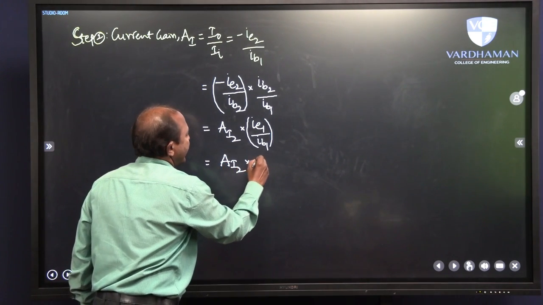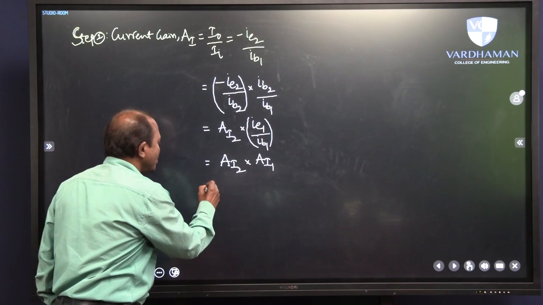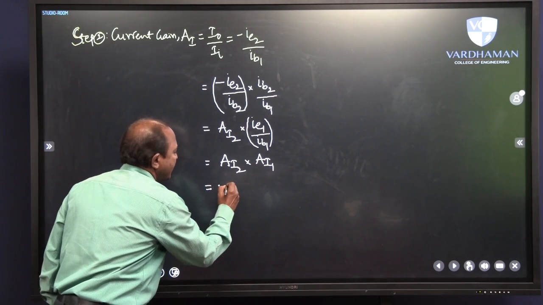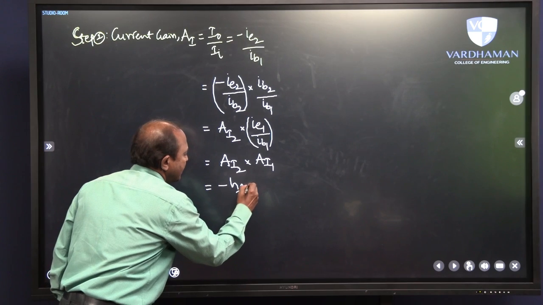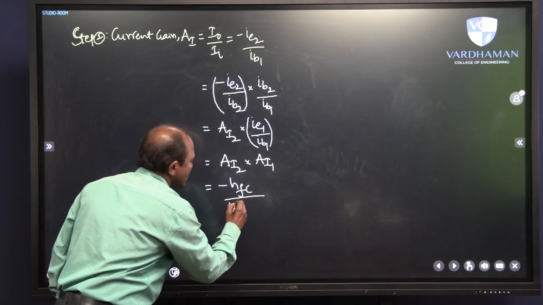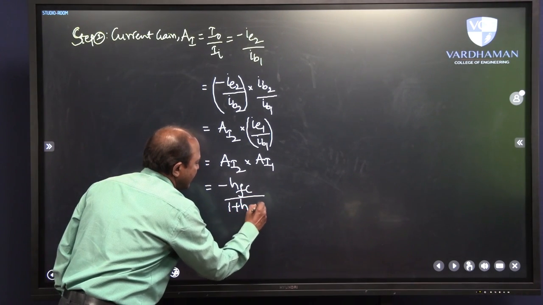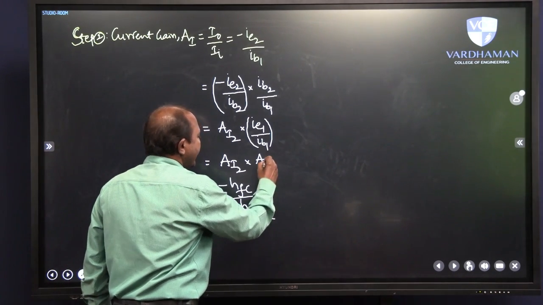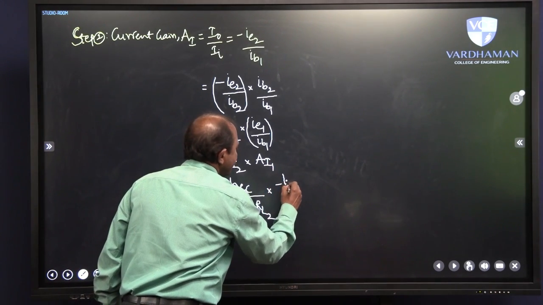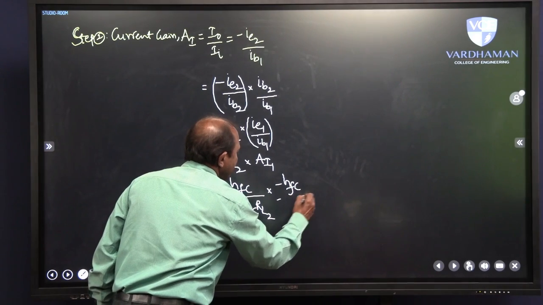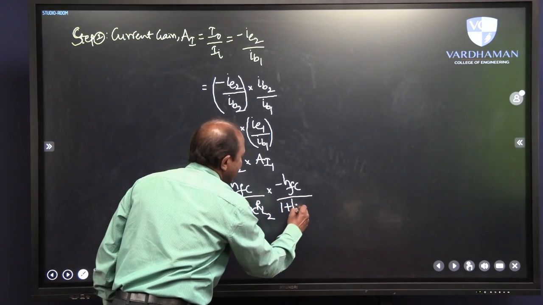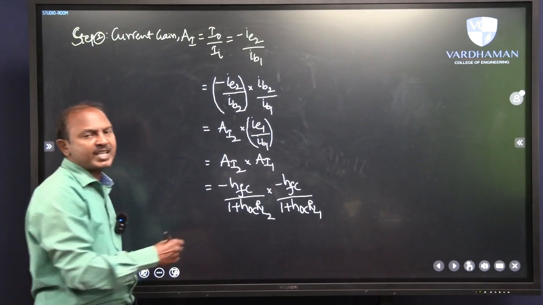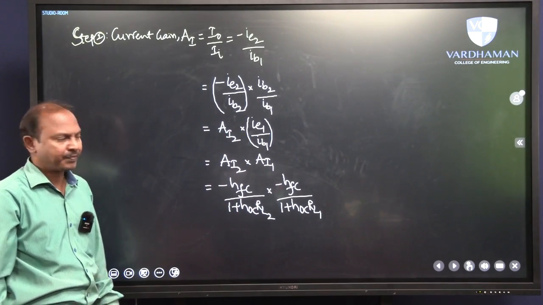where AI2, in the case 1 analysis, we got as minus hfc by 1 plus hoc RL2, and AI1 is minus hfc by 1 plus hoc RL1. These are the equations we got in case 1 and case 2 analysis.